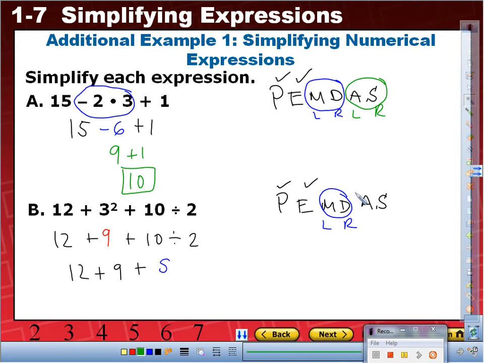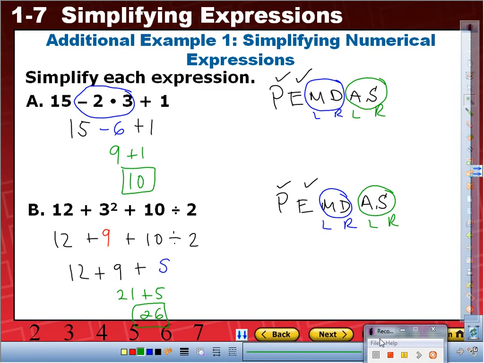At the end, with green, I'm going to circle addition and subtraction. Do I have any? Yes, I'm going from left to right. So what is 12 plus 9? 21 plus 5, that's 26. See how that worked? Okay.